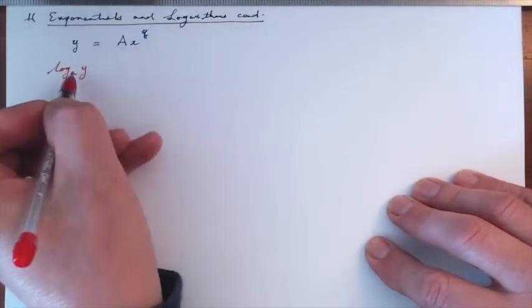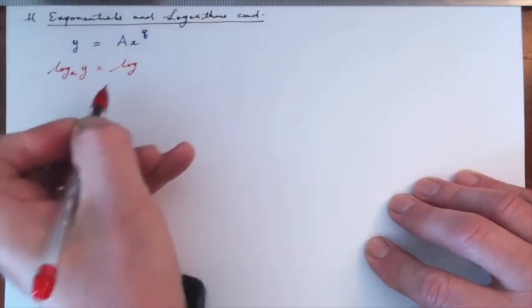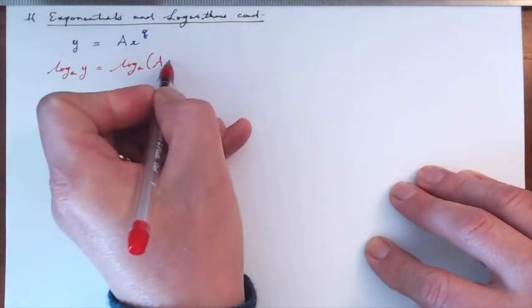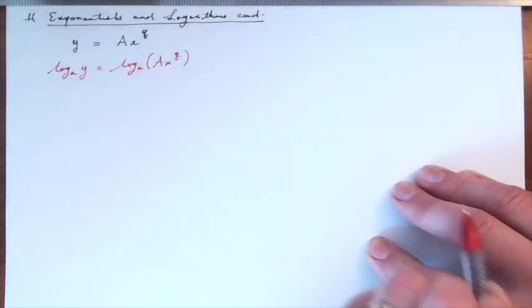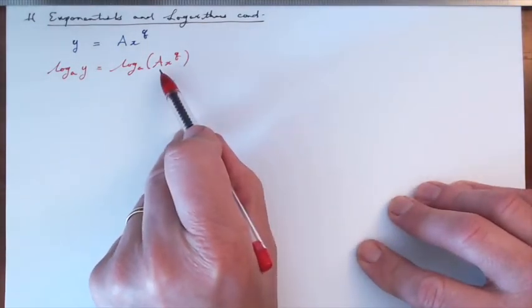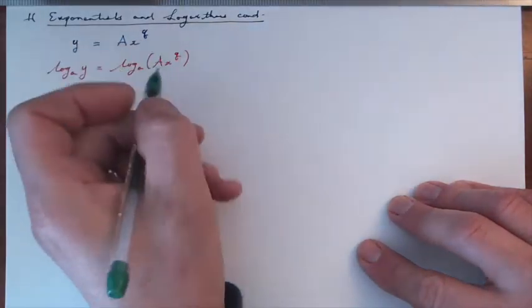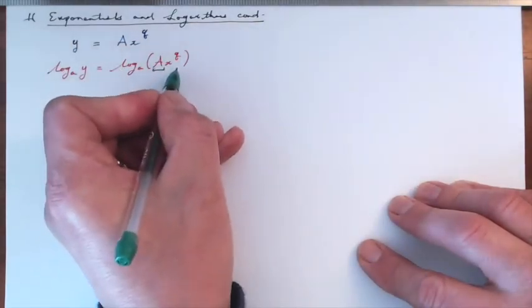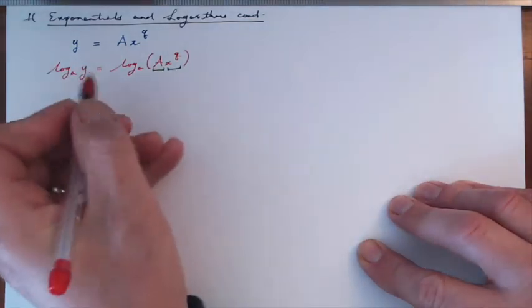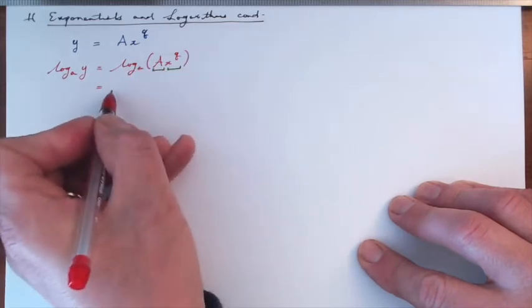So I've taken the logarithm of the left-hand side, therefore I must take the logarithm of the right-hand side, which looks like quite a complicated thing, but we now get to use our laws of logarithms to great effect. So I have the logarithm of a product of two things, a constant and then this x to a power. So I can use the first of the laws of logarithms to split this into two separate logarithms.